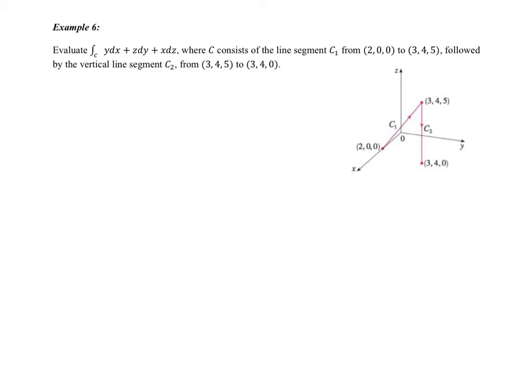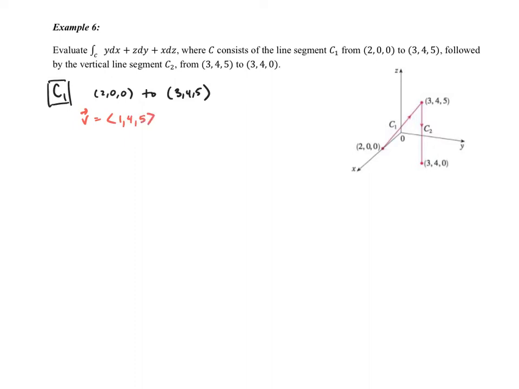Again, we'll look at just this one specific line segment from (2, 0, 0) to (3, 4, 5). To do this, we're going to need a vector between these points. Remember, our strategy here is to take the end point minus the beginning point. So 3 minus 2 is 1, and 4 minus 0, and 5 minus 0.